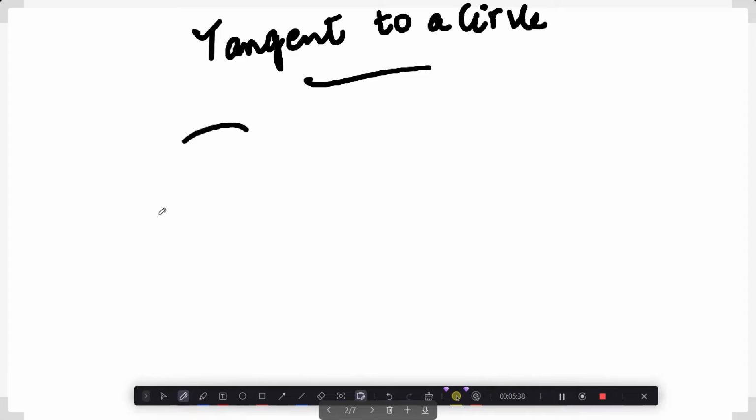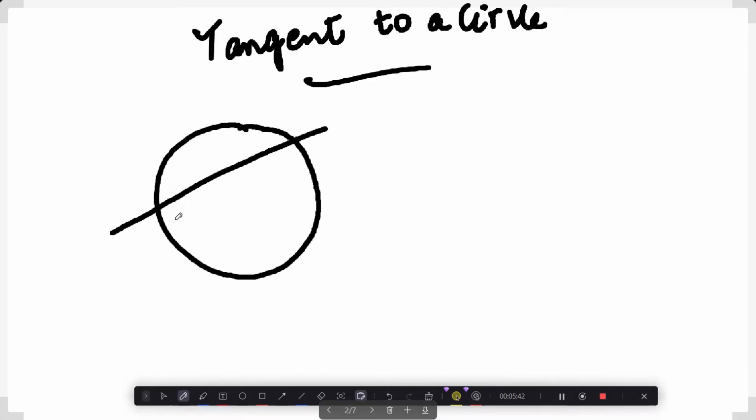What happens is that when you take a circle, there is a secant which is touching the circle at 2 points. Now you can keep this fixed and you can move the secant around this point, keeping this fixed. How many ways can it move?